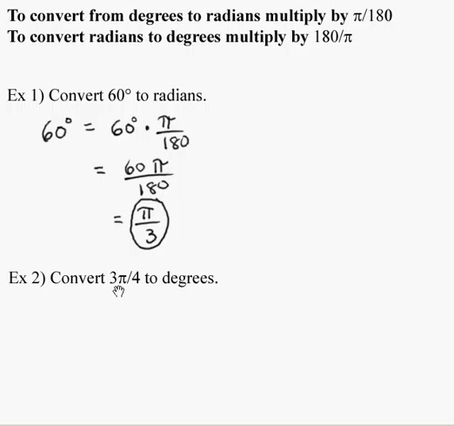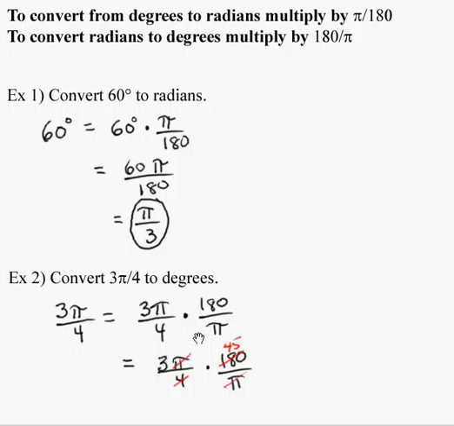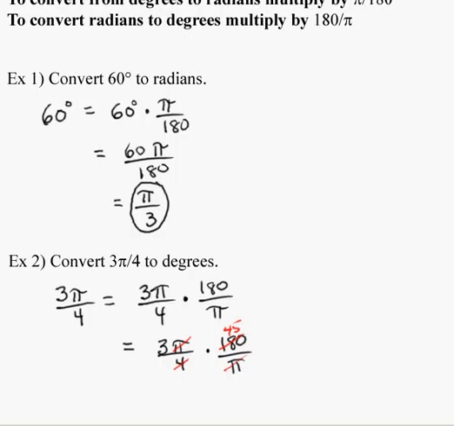In the other direction, if we're converting 3 pi over 4 radian measure to degrees, we're going to multiply by 180 over pi. So let's do that. We're going to take the 3 pi over 4, multiply by 180 over pi. In this case, the pi's will cross reduce. 4 will divide into 180 45 times.